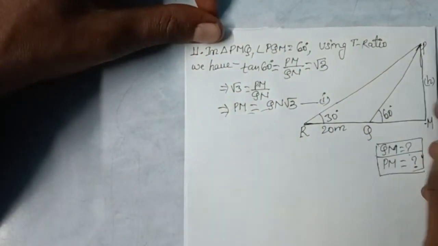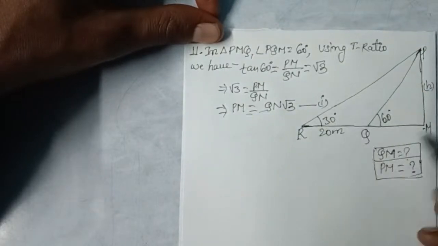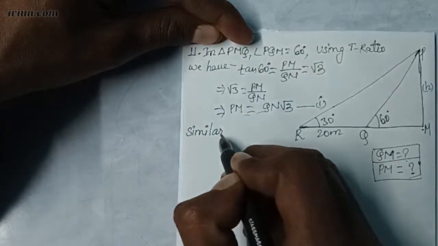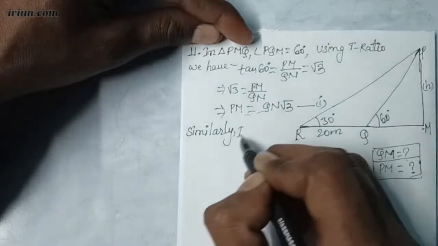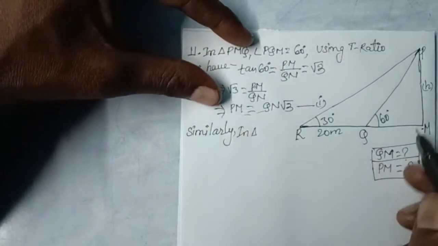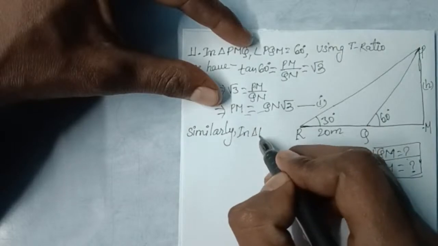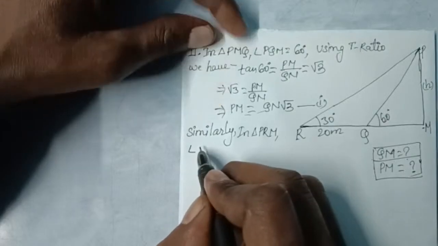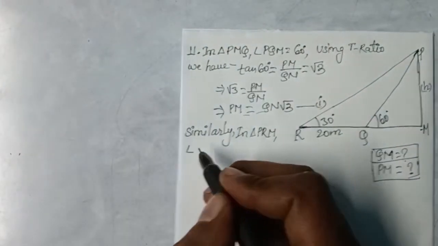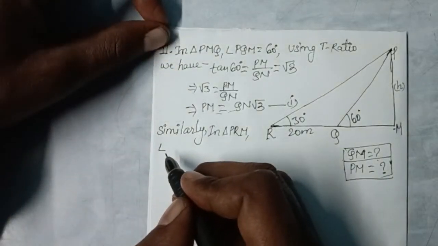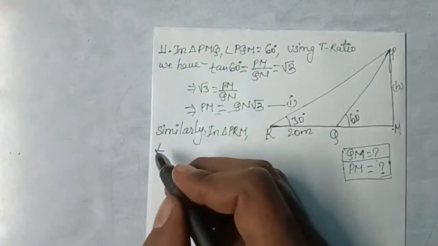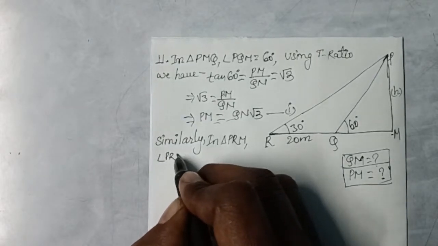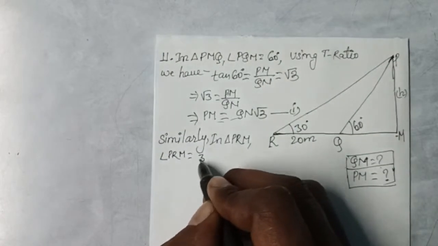Similarly, in the whole triangle, in the large triangle, in triangle PRM, angle PRM equals 30 degrees.